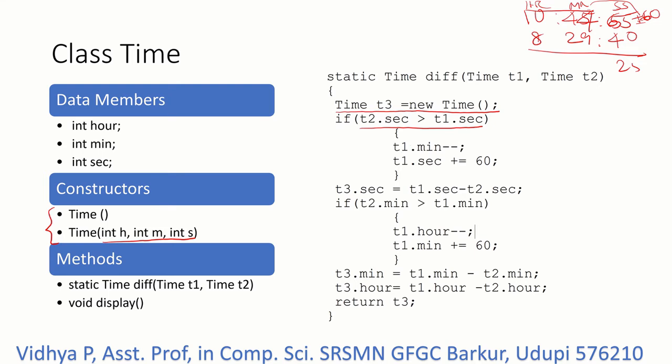If that is the case, we have to borrow from minutes, so we subtract 1 from the minutes and add 60 seconds. In the case of minutes, the same thing: we decrement hour by 1 and add 60 minutes. We calculate minutes as t1.minute minus t2.minute, and t3.hour as t1.hour minus t2.hour, and we have calculated the seconds here too. We return the object t3, and this is the return type.